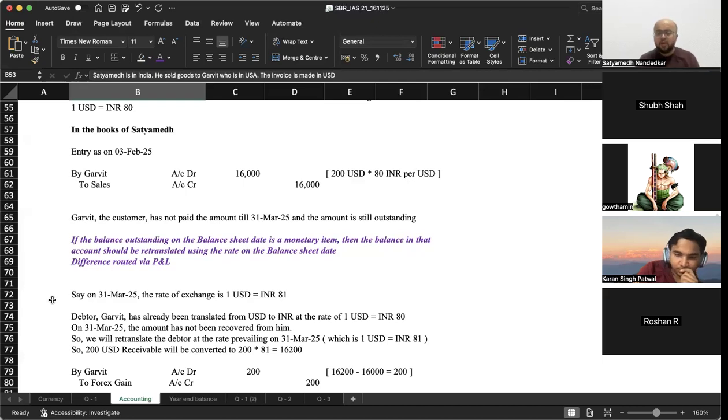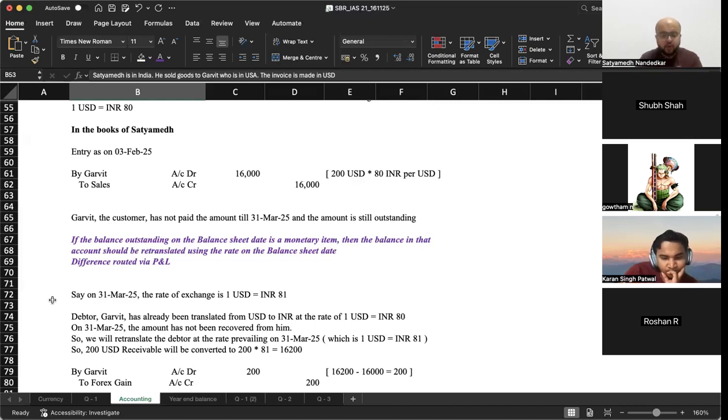So because the amount is still outstanding on 31st of March 25, we will have to retranslate it using the rate on the balance sheet date. What is the rate on the balance sheet date? The rate on the balance sheet date is $1 equal to 81. So do 200 into 81. When you do 200 into 81, how much do you get? 16,200.